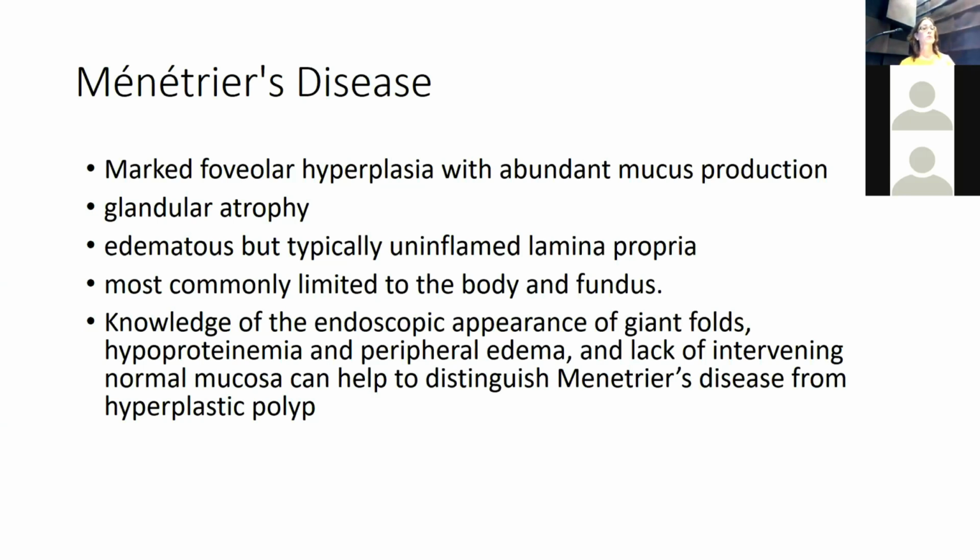The background mucosa is really uninflamed, but very edematous. And you usually see it in the body and fundus, not the antrum. So if your clinician biopsies the antrum and says, rule out Ménétrier, your clinician is probably a little naive, but that's okay. But you can't diagnose it unless you know what's going on endoscopically. You need to know that the patient's got protein loss and peripheral edema and this nasty, bumpy gastric body with abnormal, flat-ish mucosa.